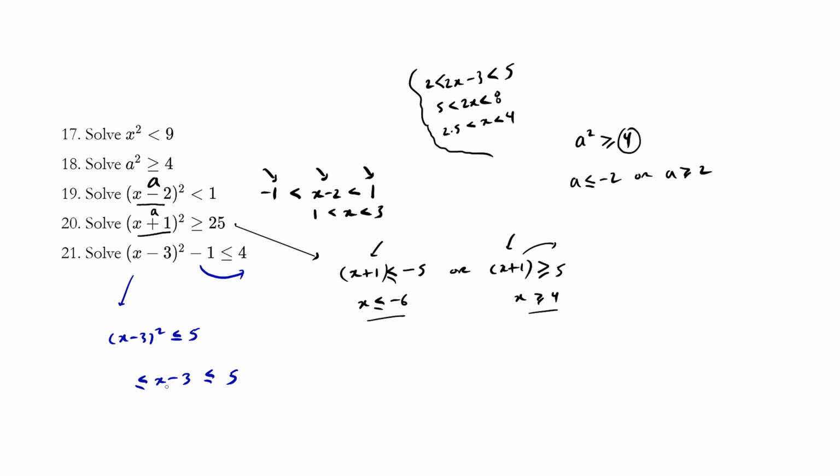We're going to copy 5. And we must take its square root. Do not forget the negative version. We're going to add 3 to each part. And we have the domain.